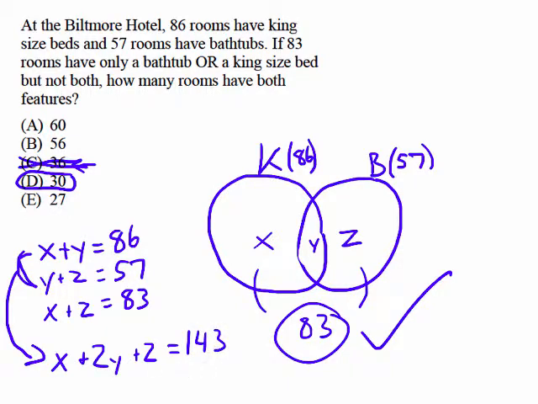And then I'm going to subtract x plus z, which is to subtract 83. Now, what happens when I subtract 83 from 143? I'm going to have to move over here now because I ran out of space, but I get 2y equals 60. And then, of course, I can divide by 2, and I get y equals 30, which is the same thing we got before.